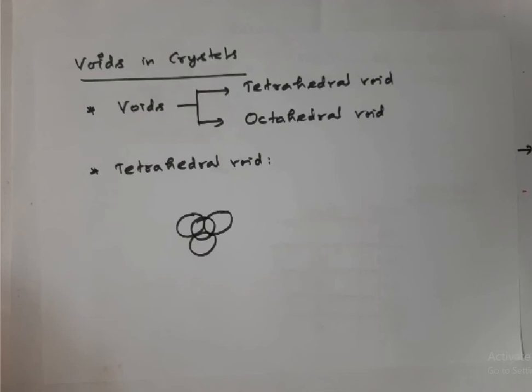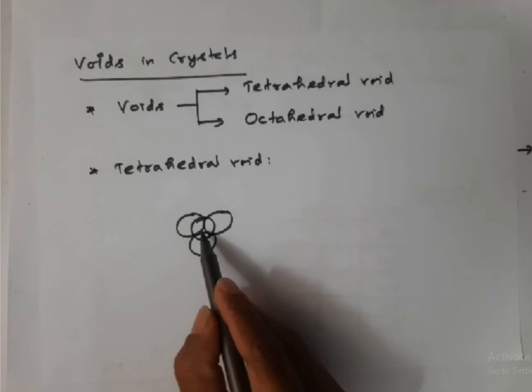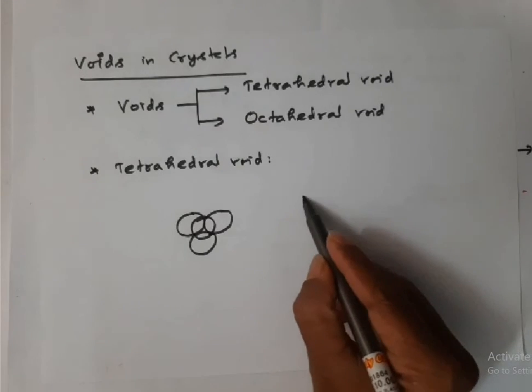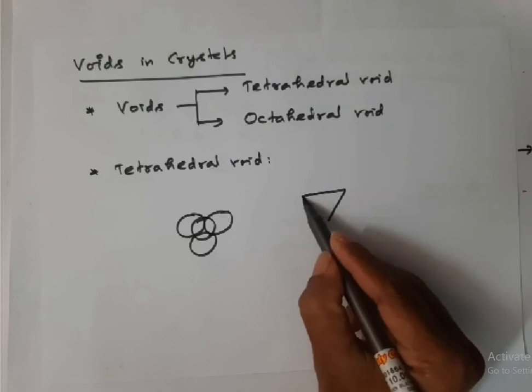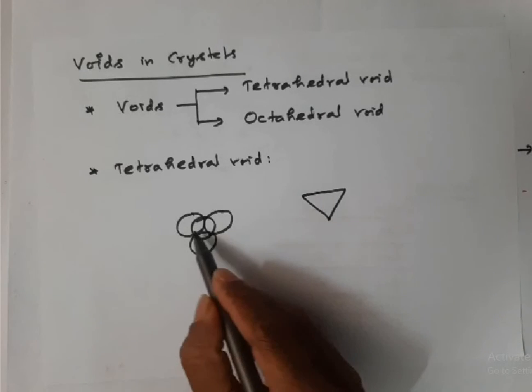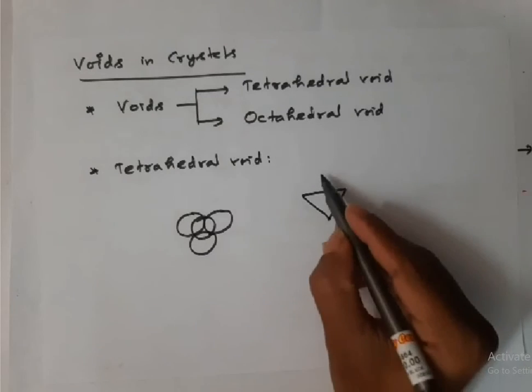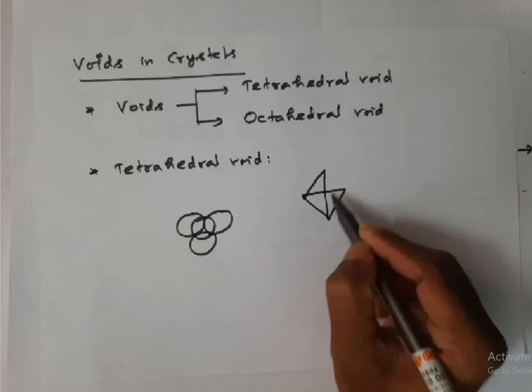Place another ball in the depression. Now, if you connect the centers of the four balls, below we have a triangle, with three atoms. If you join the centers of the three atoms, you will get a triangle. And if you join with the center of the top atom, you will get a structure something like this.